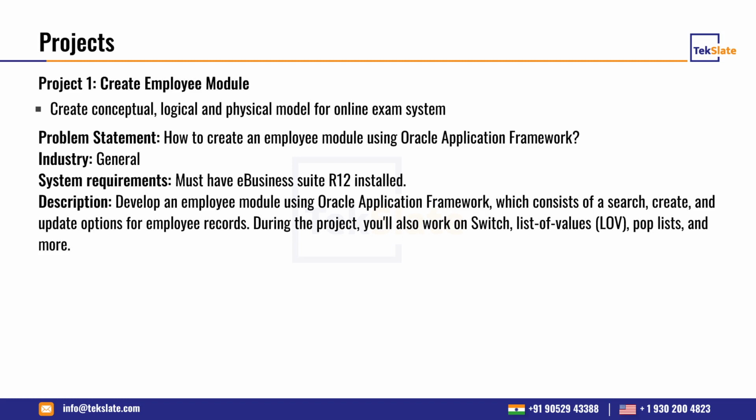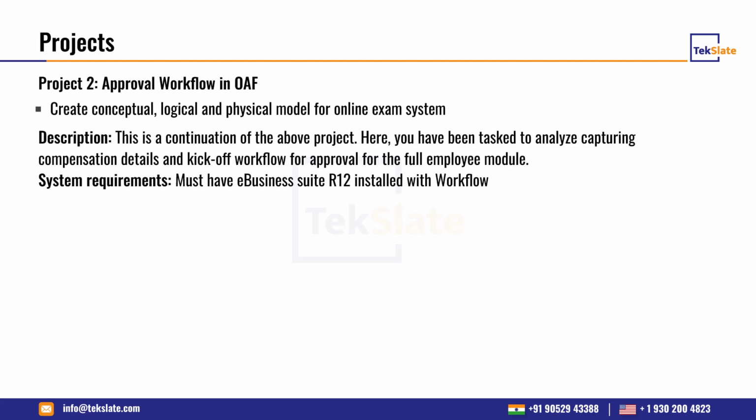The other project, the second project, will be on workflow. Here we'll introduce the workflow. To achieve this, we need eBusiness Suite R12 installed, as well as the workflow tool. In this project, once an employee's request is approved by a manager, a notification should be sent up the hierarchy.